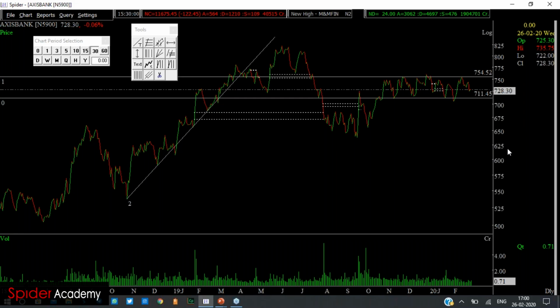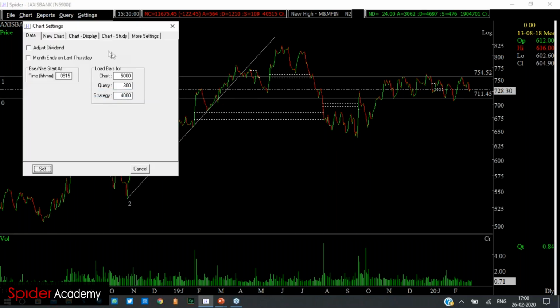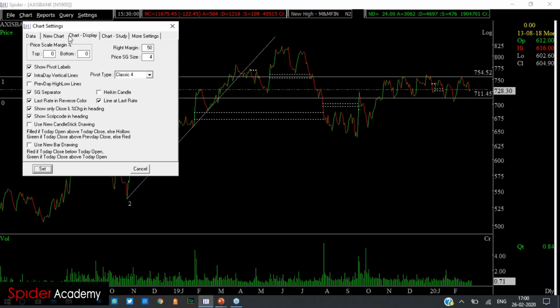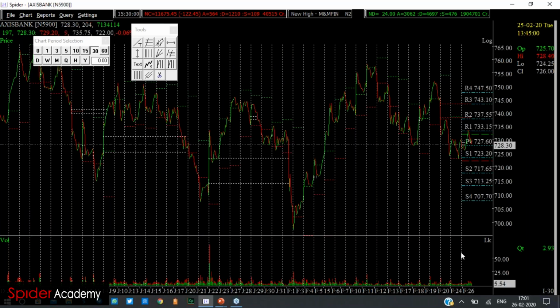So now I would just show you one feature of Spider which helps me in finding these zones pretty quickly. If you go to settings and chart settings, there is a feature of chart display where you have previous day high and low lines which get put up. This actually happens on an intraday chart, right?